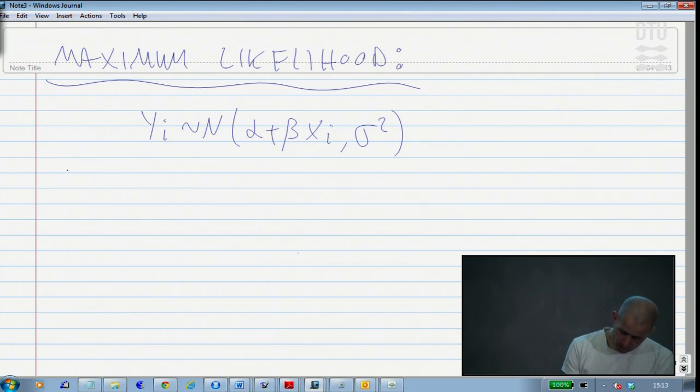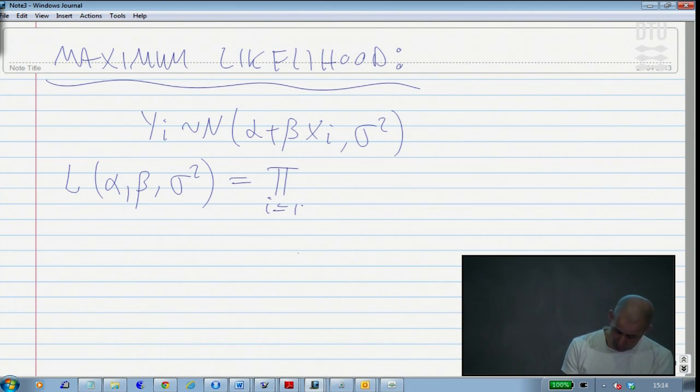Now, the general principle of likelihood theory would then try to express the unknown parameters of the model, which are three things: the slope, the intercept, and the underlying variability. These are the underlying unknown parameters of the model. We could express that by the normal density function.